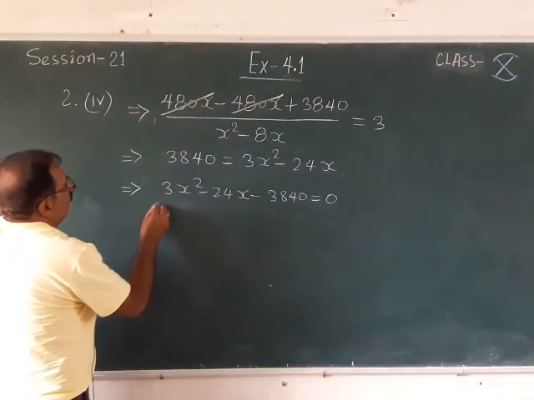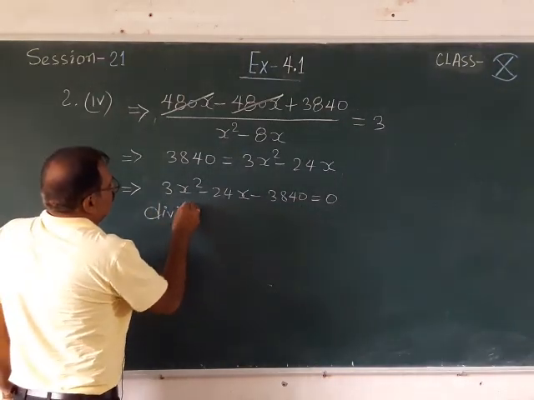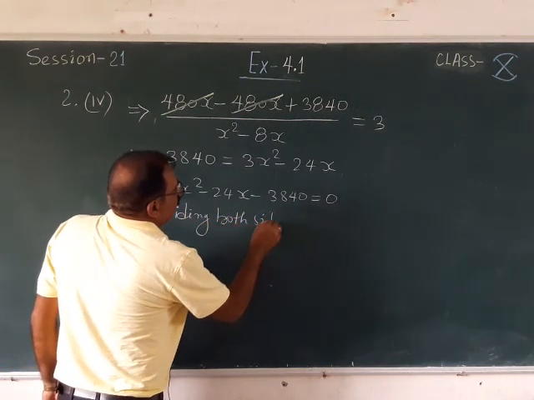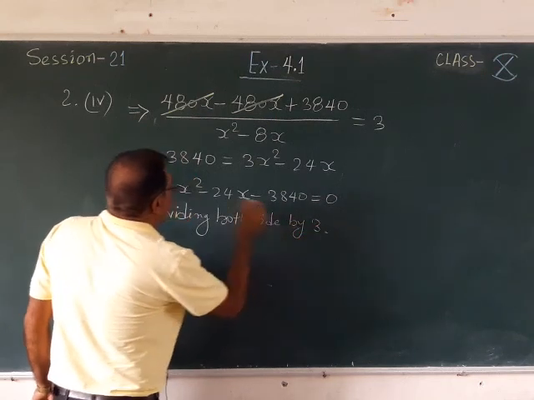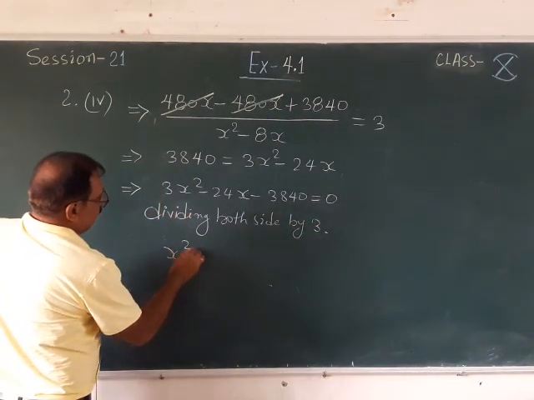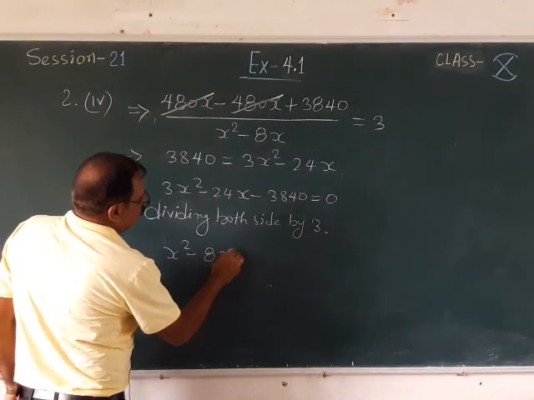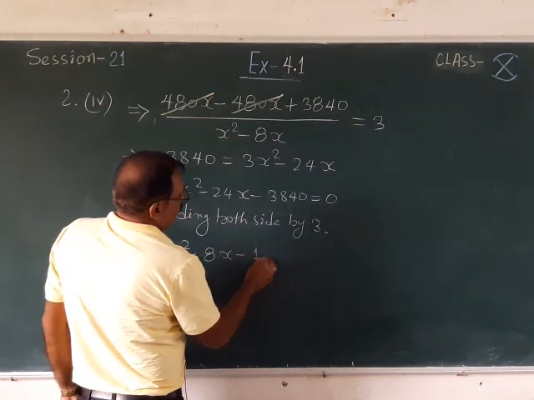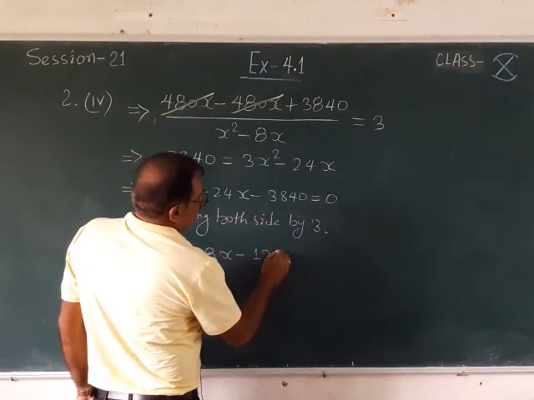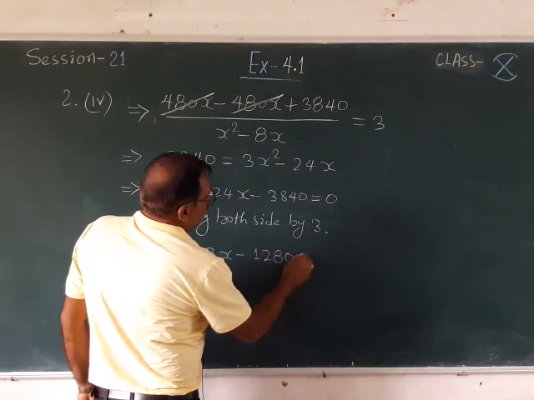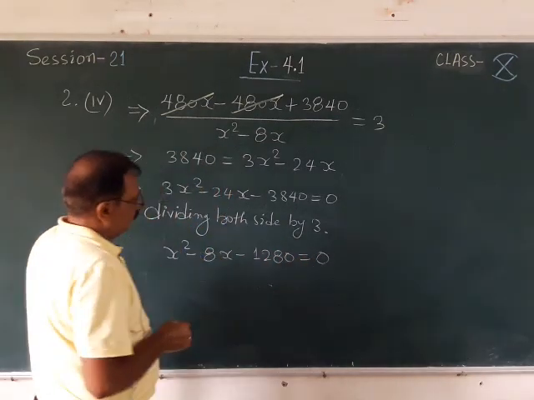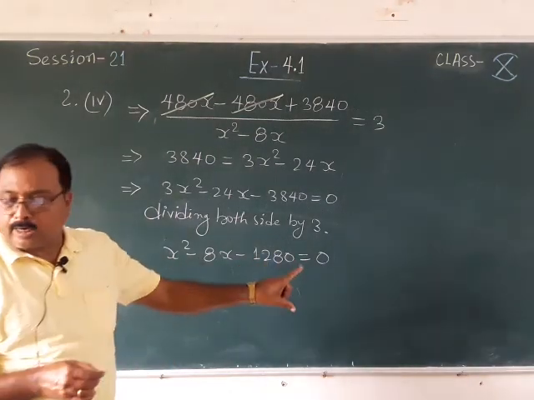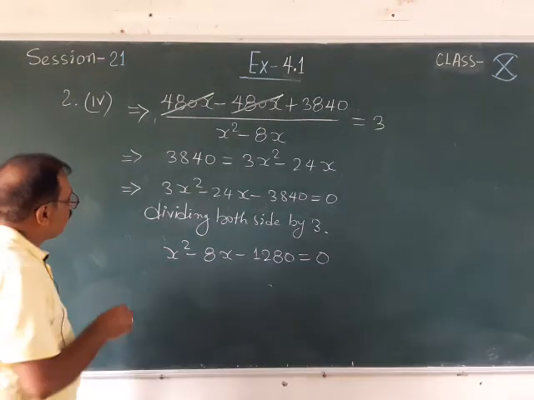So dividing both sides by 3, you will get x square minus 3 8s are 24, so 8x, and here minus 3 1s are 3, then 3 2s are 6, and 3 8s are 24, and here 0, that is equal to 0. So x square minus 8x minus 1280 is the required equation.